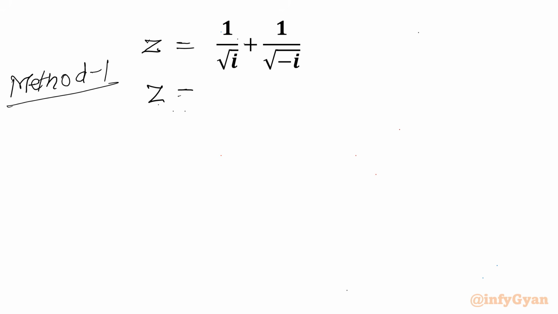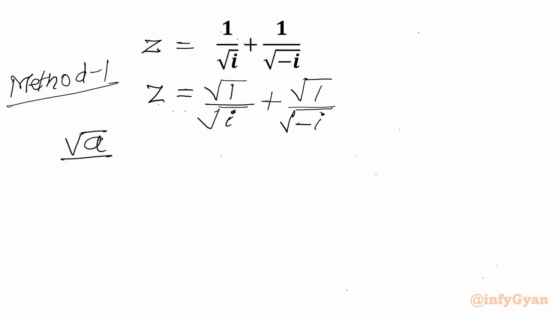We can write z equal to square root 1, which is 1, over square root i, plus square root 1 over square root minus i. Now we know that square root a over square root b can be written as square root a over b.